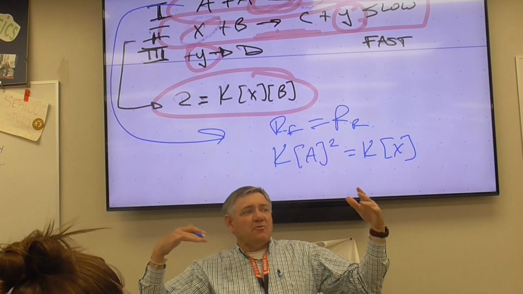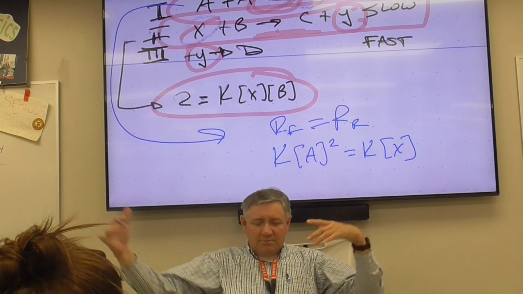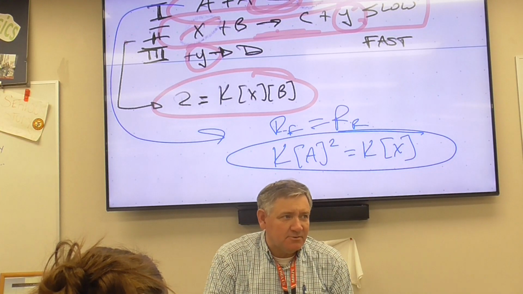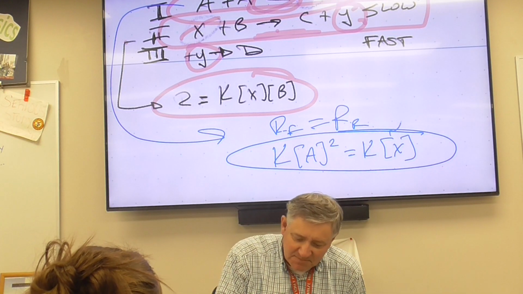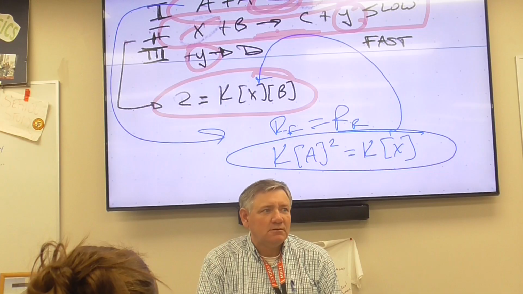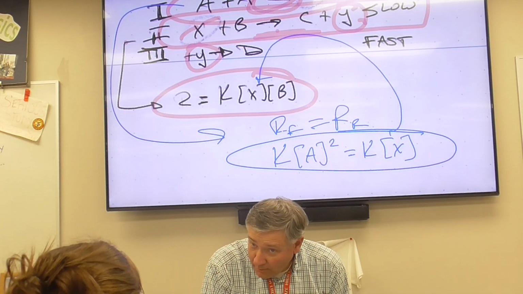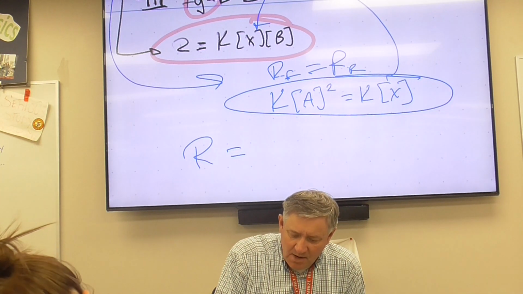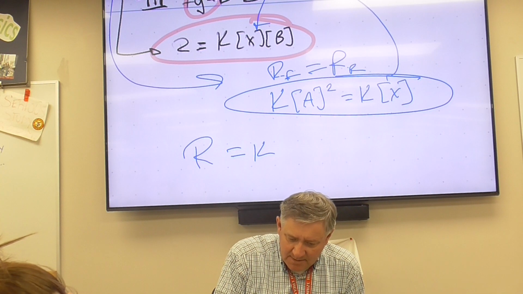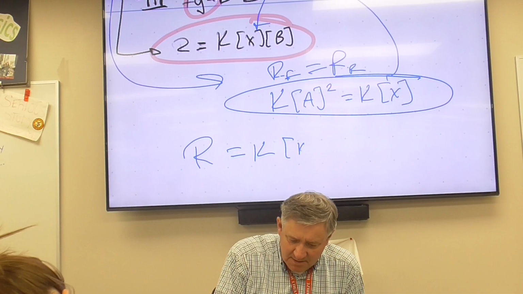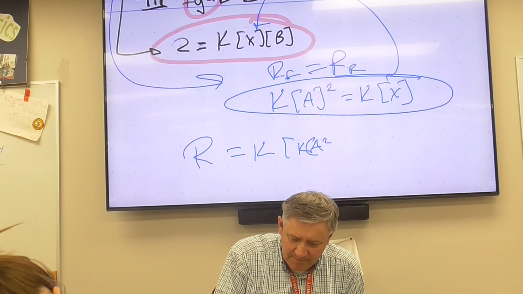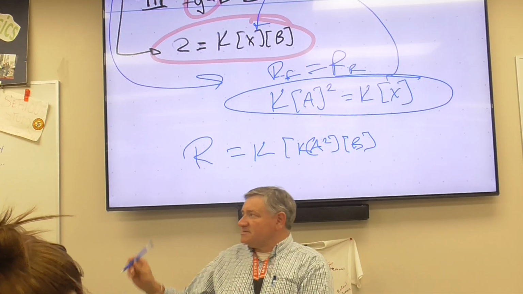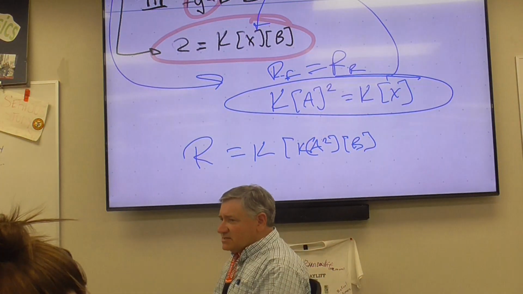Now, math to the rescue. So if these are equal, what can I do? Substitute. I can substitute that in there and go, oh, that's going to be K times Ka squared times the concentration of B. Now, don't look at this and go, oh, you get K squared.